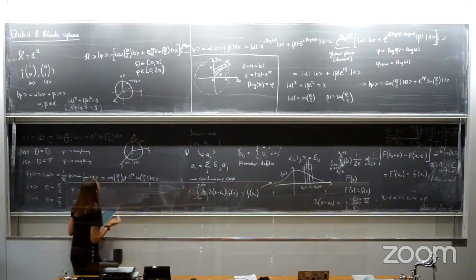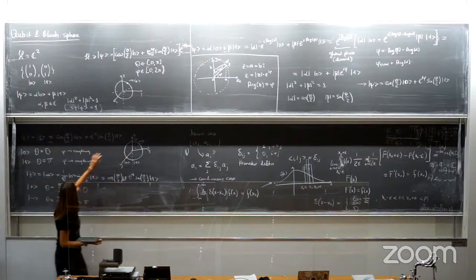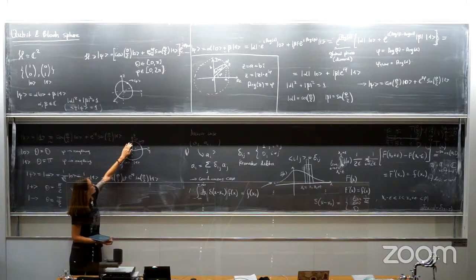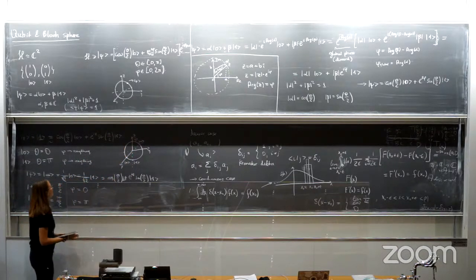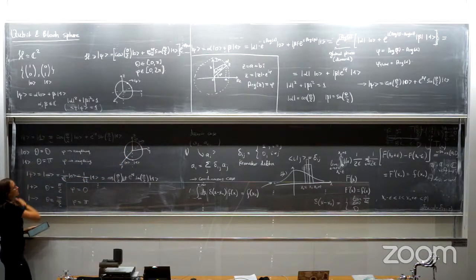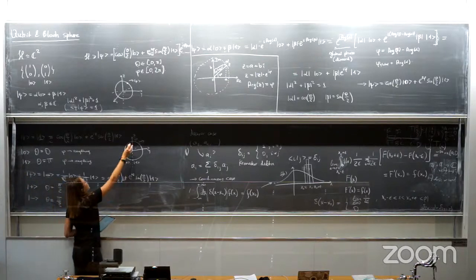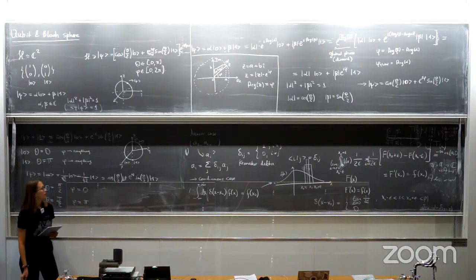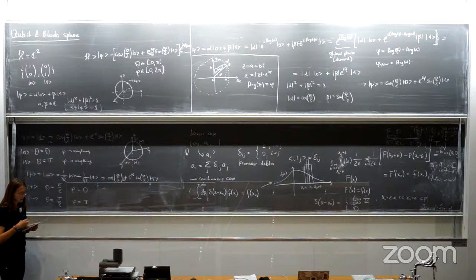For the 0 state theta is 0, so it's not rotated, so it's just on the z-axis, and the state 1 is rotated with respect to this point by pi, so it's all the way down here. And in the exercise sheet, there are 2 more states that you'll have to draw on the sphere.